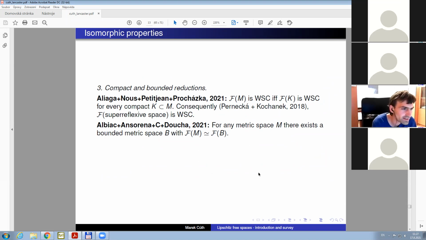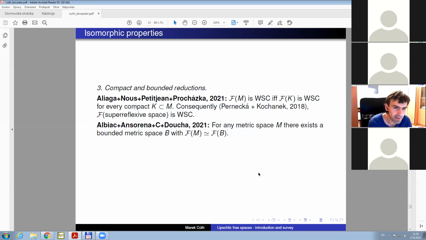Another direction of research are so-called compact and bounded reductions. In this respect, let me mention two recent results from this year. The first one is by Aliaga, Petitjean, and Procházka, who proved, for example, that the Lipschitz-free space over a metric space M is weakly sequentially complete if and only if the Lipschitz-free space over all of its compact subspaces is weakly sequentially complete.